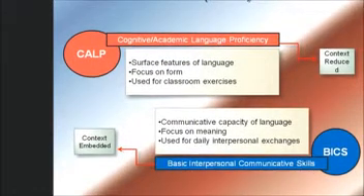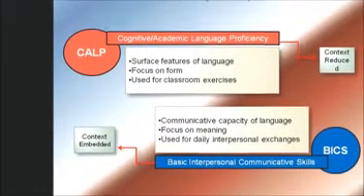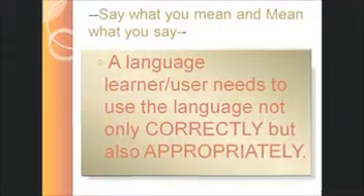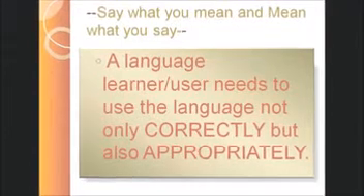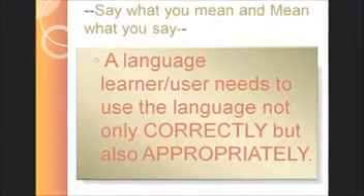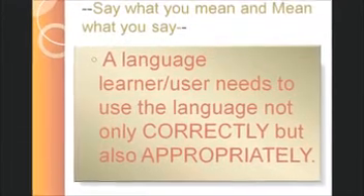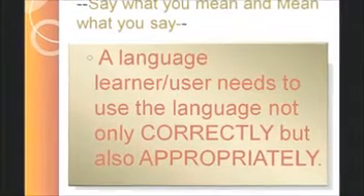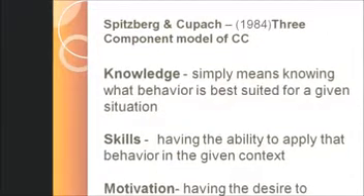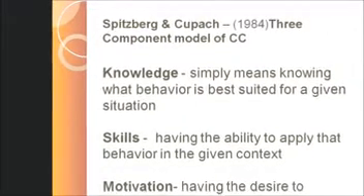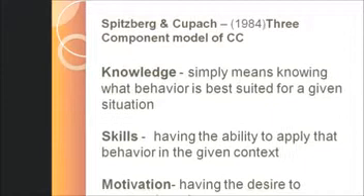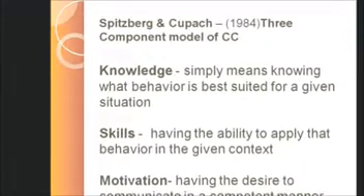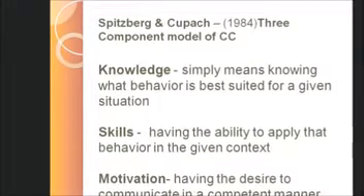Then, this topic merely says this citation: say what you mean and mean what you say, because the language learner or user needs to use the language not only correctly but also appropriately. Then, according to Spitzberg and Cupach, there are three components of the model of communication competence: the knowledge, skills, and motivation.